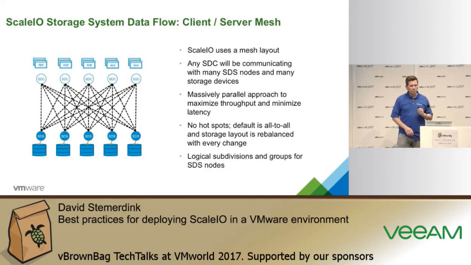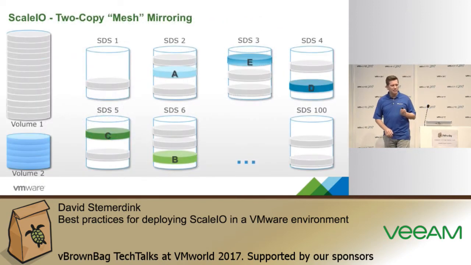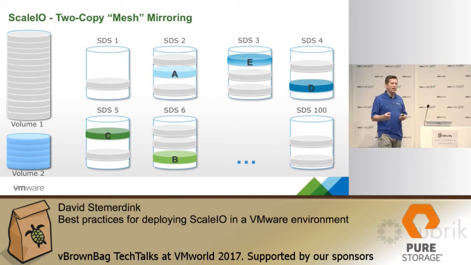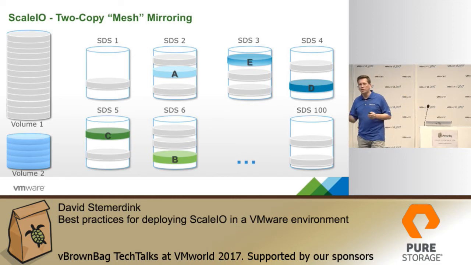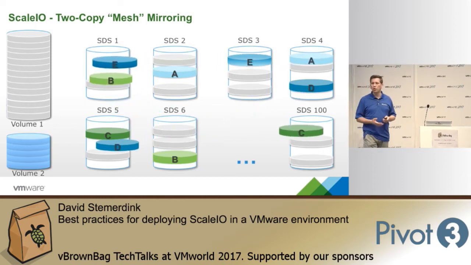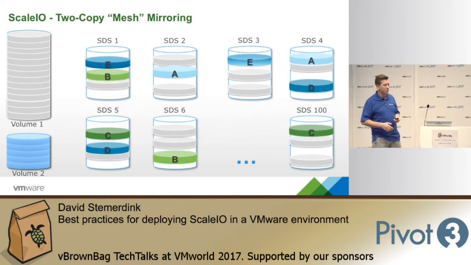Okay. The way that we then protect data is by creating a secondary copy of a data slice. And today, our data slices are about 1 meg in size, and they're distributed through what we call a mesh mirror algorithm. That means that the failure domain is the server node, and this is our basic protection, right?